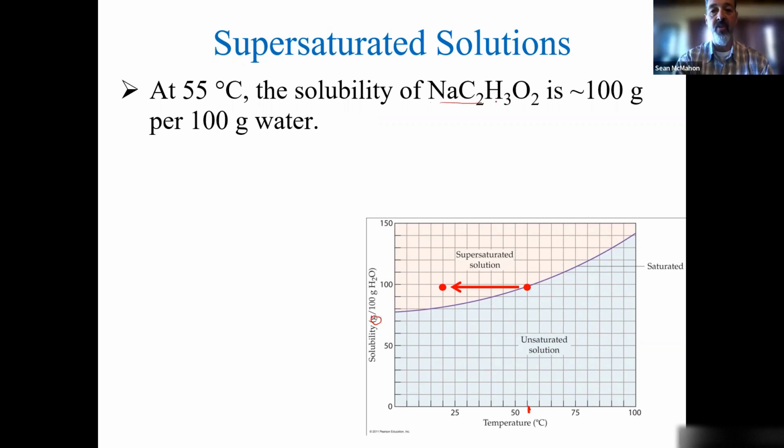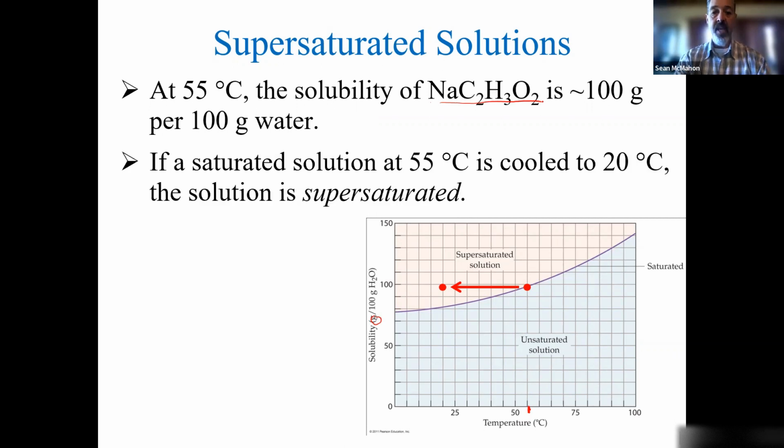If the solute is sodium acetate, we can easily force an unstable environment by cooling it down to 20 degrees Celsius. We've gone beyond the maximum solubility limit because we've slowly cooled it down, and it's now supersaturated.